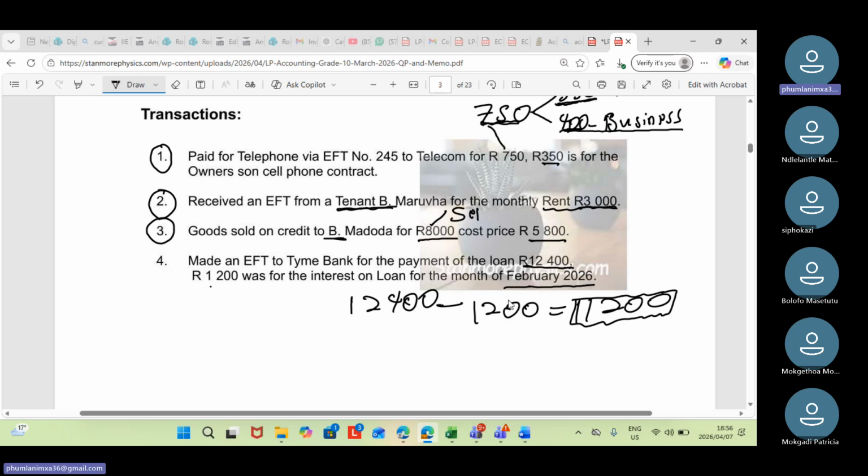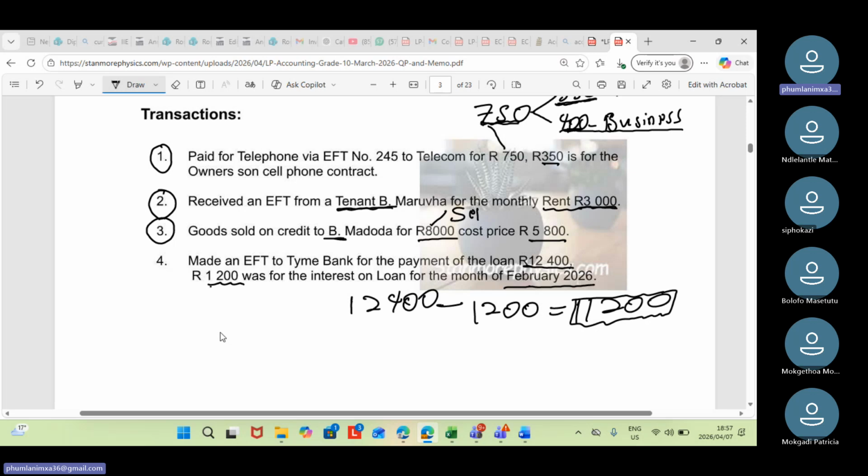They were going to be specific to say included in the repayment of loan is 1,200 for interest on loan. Do you understand what I'm trying to explain here? If the 1,200 was included, the statement was going to be different to say included in the repayment of loan of how much?